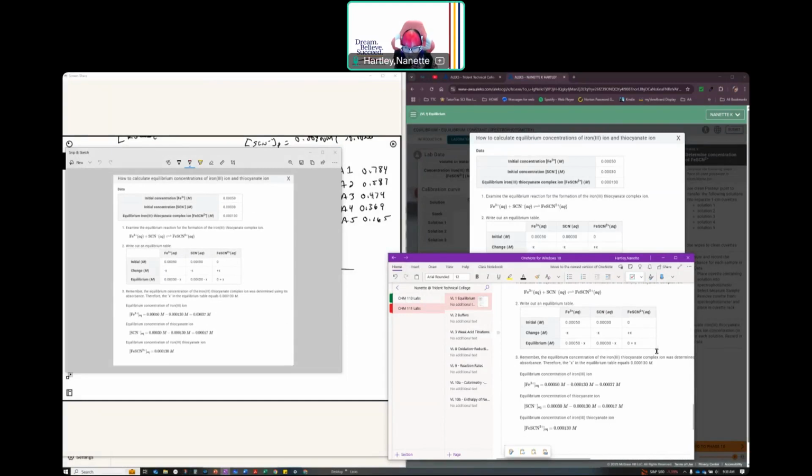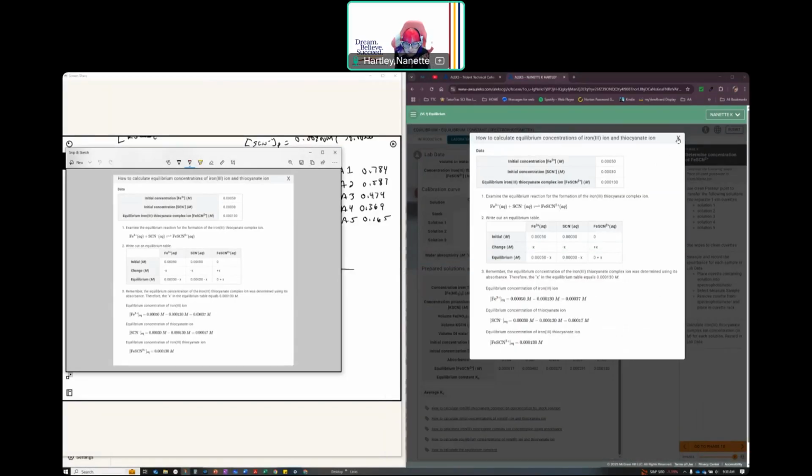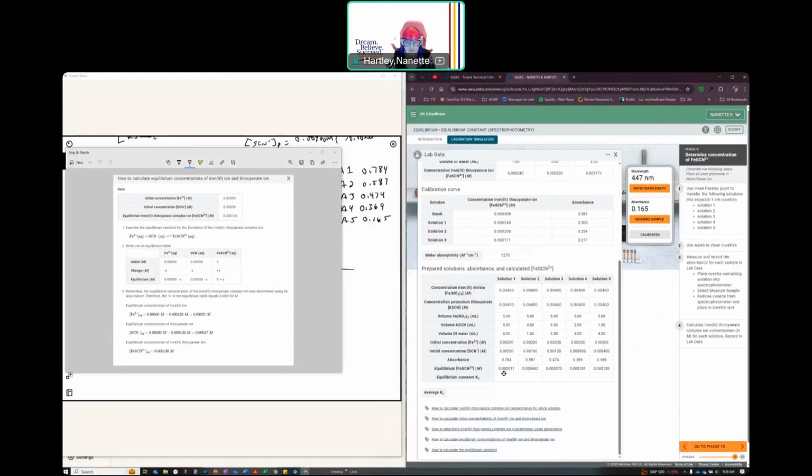And the concentration of this one, we actually measured. So we measured that, found that to be, for this first solution, that x is equal to 0.000617. That's the numerical value that we found.